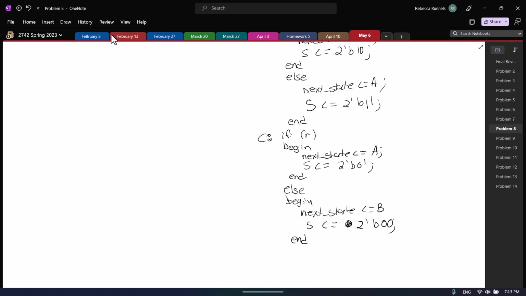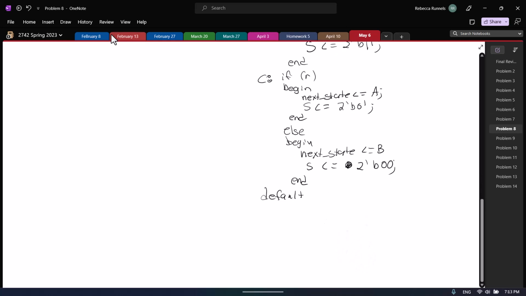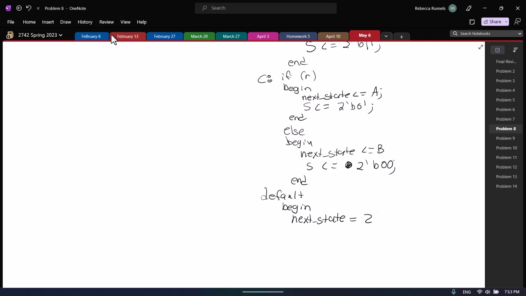Oh. And now, but I need a default because I did not use up all of my possibilities. And so for my default, I'll have begin, and I will have next state equals 2'bxx. That's for don't care.